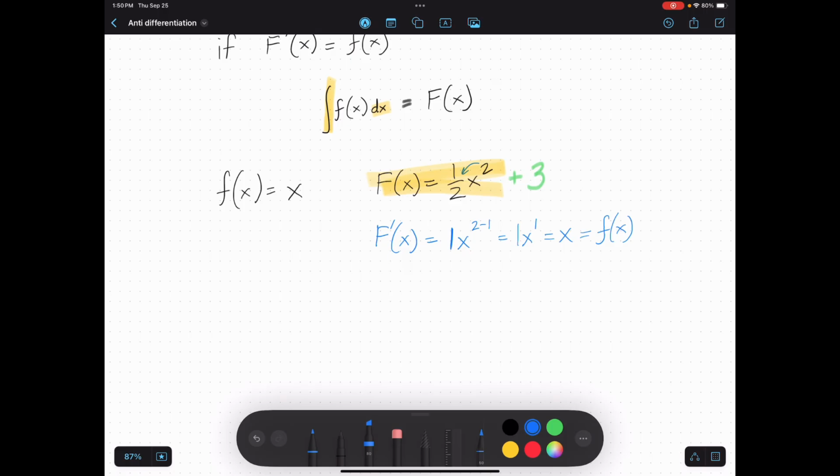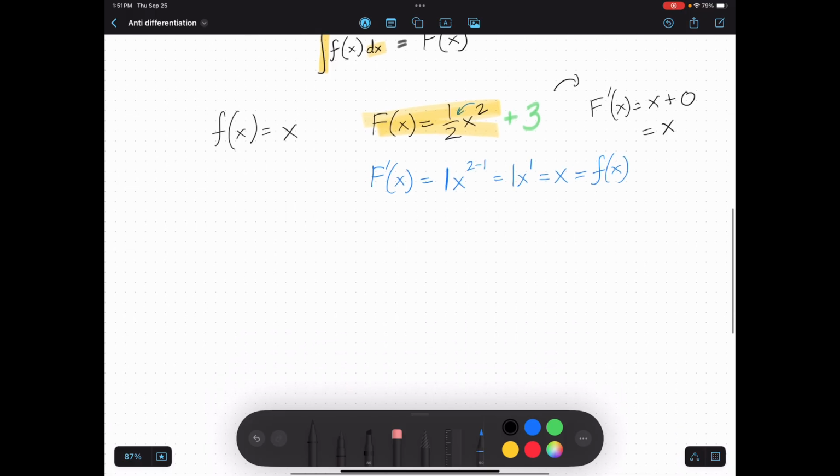The derivative of 1/2 x squared still ends up being x, and then the derivative of 3 ends up being 0, leaving me with still just x. So it turns out when you find an antiderivative, there's actually an infinite number of possibilities because you can add whatever constant you like and it still works.